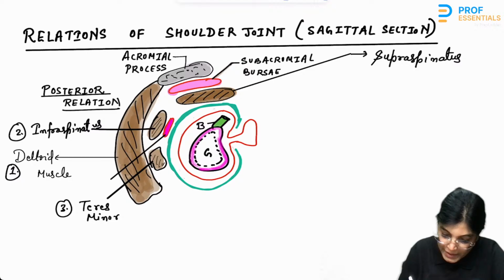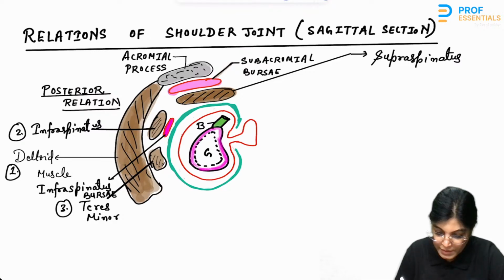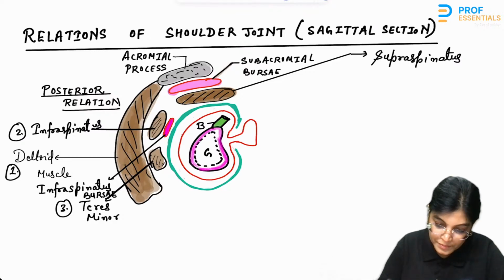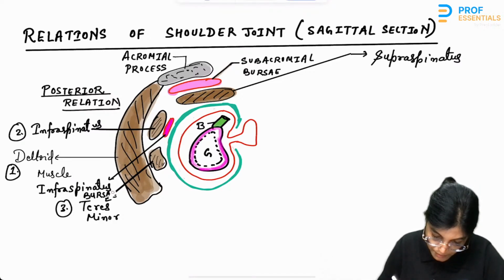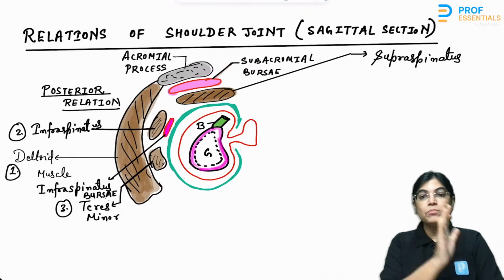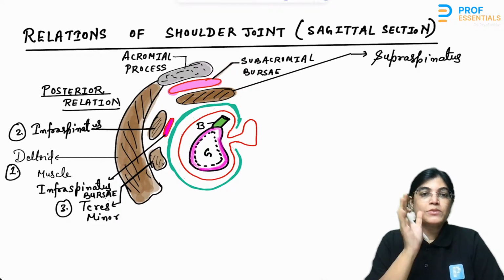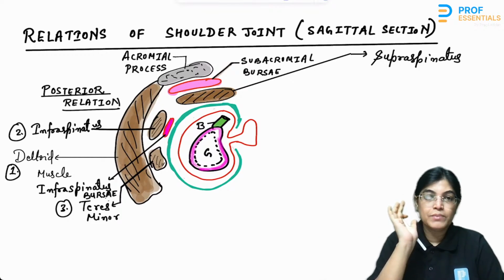This is the infraspinatus tendon, infraspinatus bursa. Got it? So we have these structures related on the posterior aspect of the shoulder joint. On the posterolateral aspect, we have the infraspinatus bursa also.